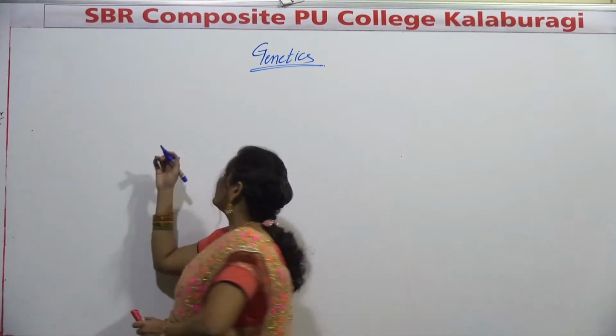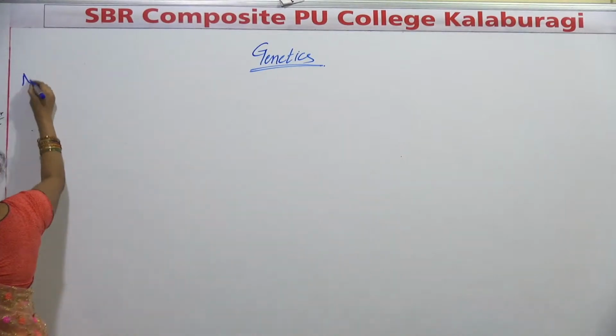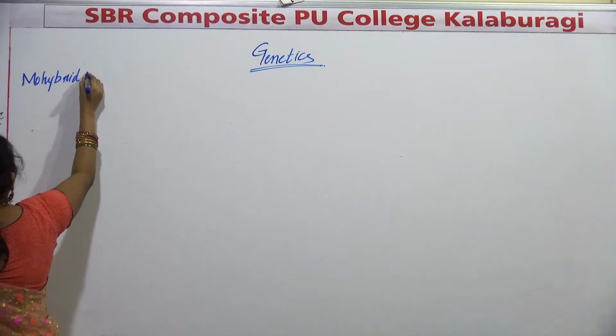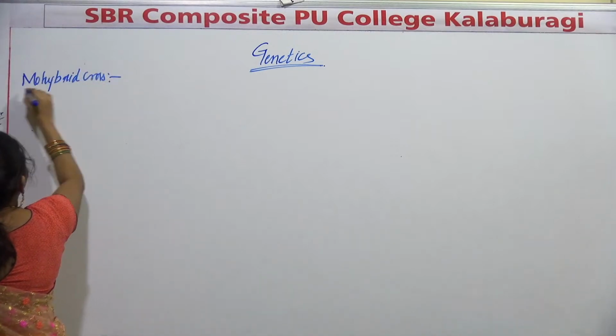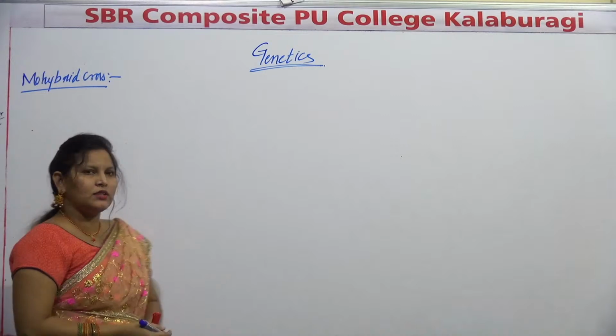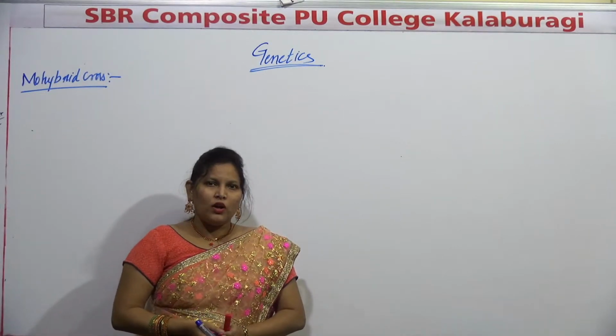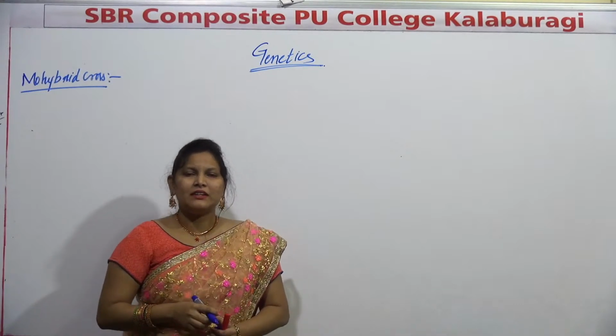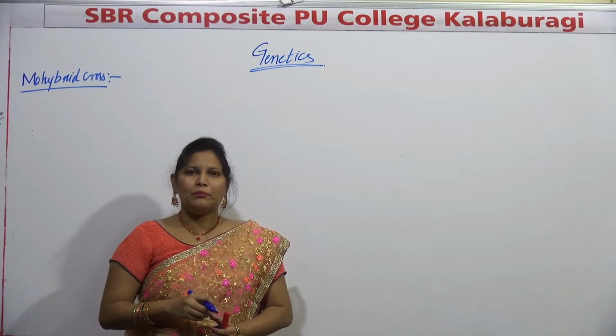Monohybrid cross, the cross which involves parents differing in one pair of contrasting traits is known as monohybrid cross.